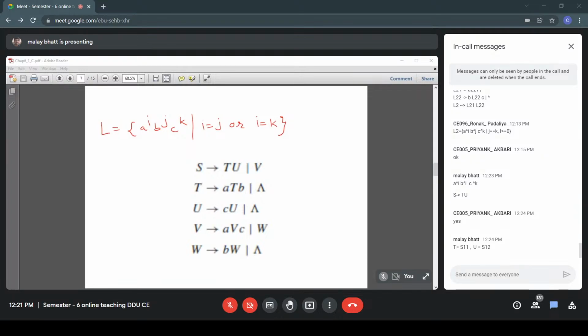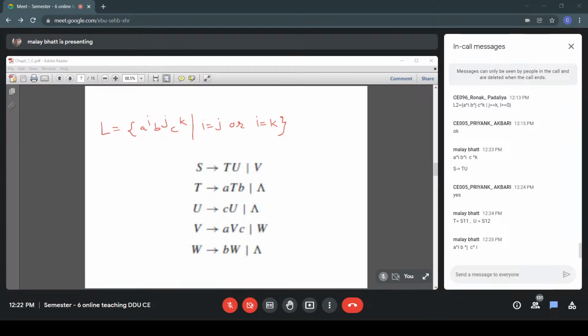We can write like this. a raised to i, b raised to j, c raised to i, which is another language. So can anyone explain what we are doing here? Because when i is equal to k, we are getting this a raised to i, b raised to j, c raised to i. When i and k are equal, and we are generating b independently.